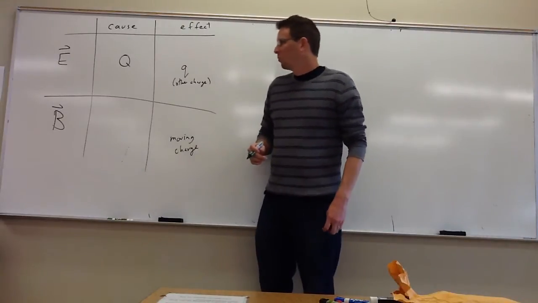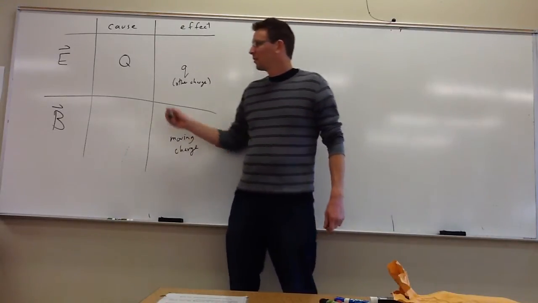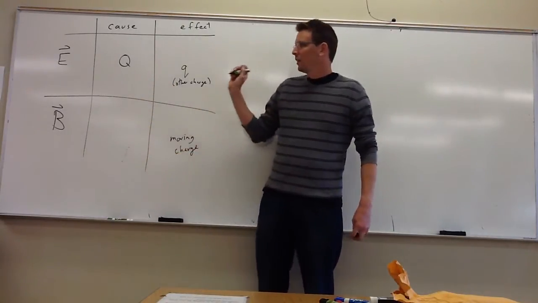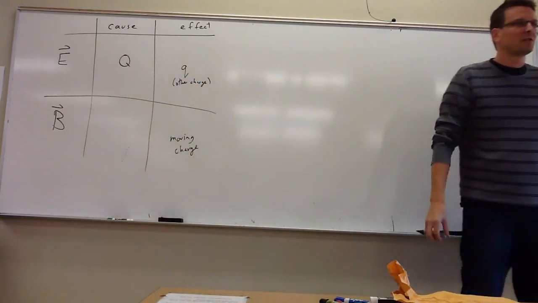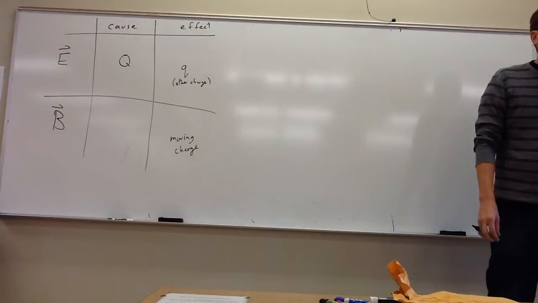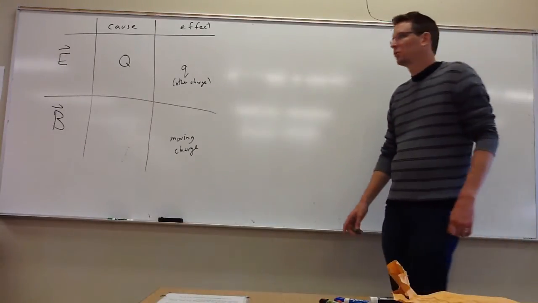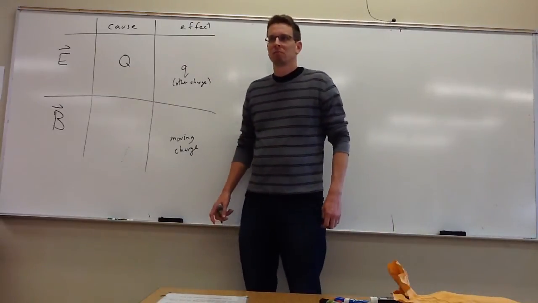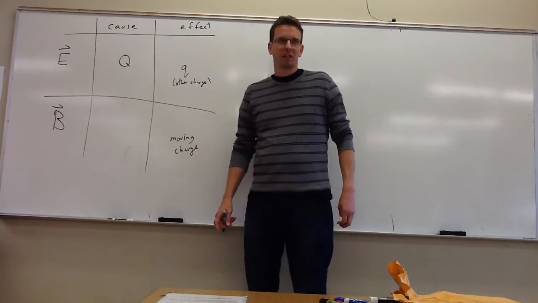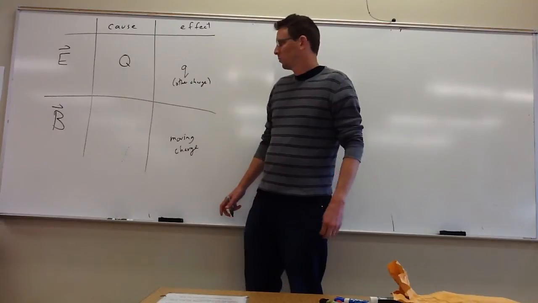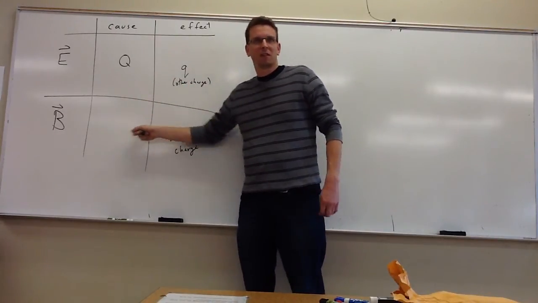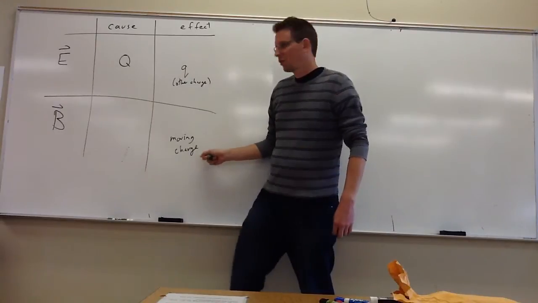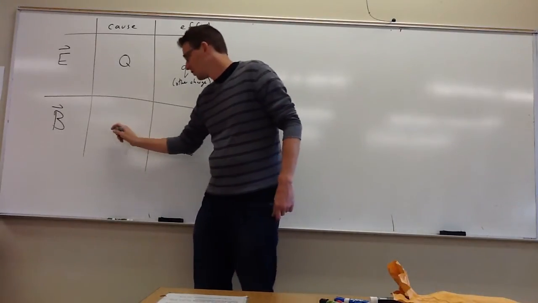So, if we were to follow this kind of pattern here and try to fill in the missing blank, what do you suppose causes a magnetic field? Any ideas? That's one example. So if this is charge, this is another charge. What? Moving charge. So moving charge, that's right.